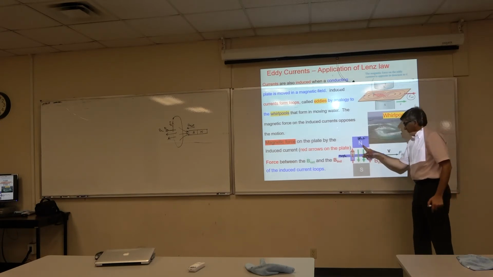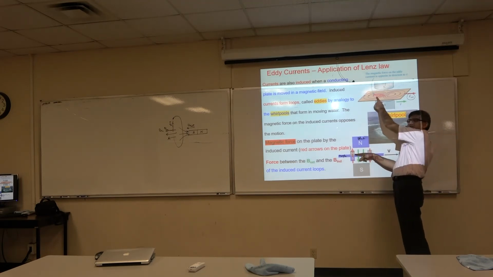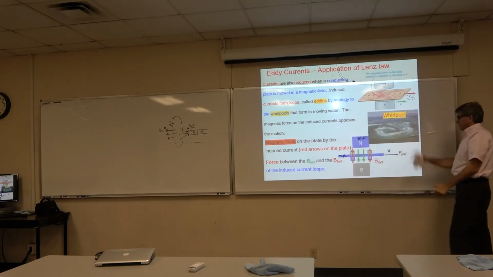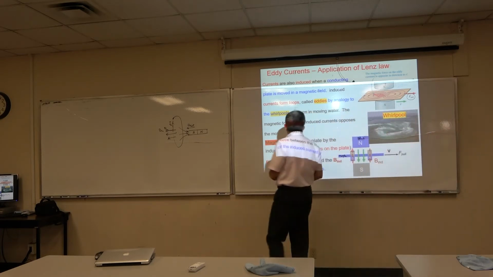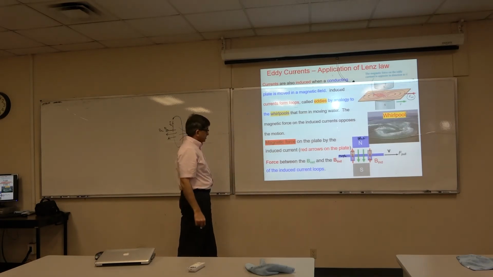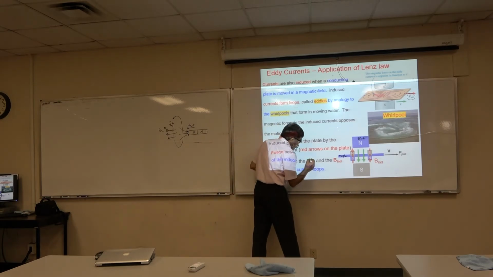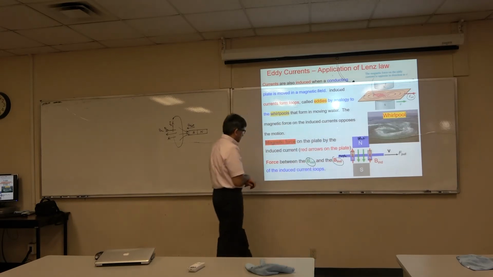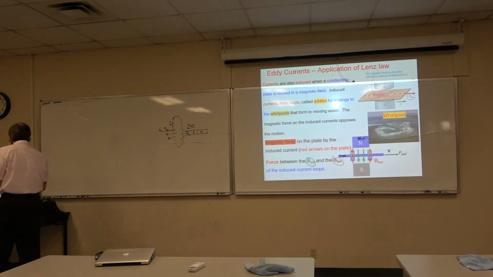This change in magnetic field, and here is my pull force, and I have another force over here, which you can see with these red arrows on the top figure, and that is opposing my pull force. All right. So the red arrows on the plate are the opposing force. Now this force is between the external magnetic field and the induced magnetic field, the induced magnetic field due to the induced current in the loop.